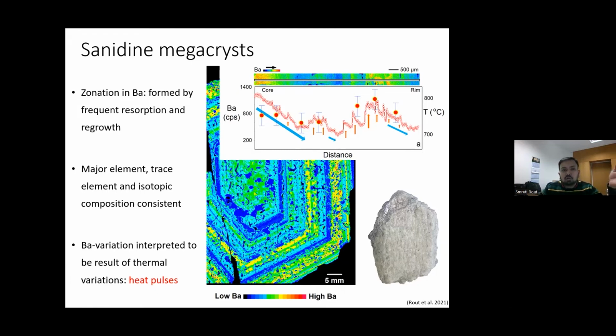So absolutely no mixing, but the recharges act as some kind of heat pulses. That's something important to note here, and that was one of the main interpretations that came from the petrologic and the geochemical analysis of these crystals.